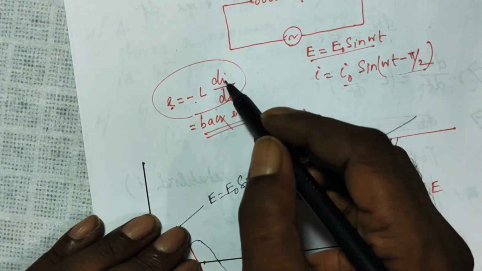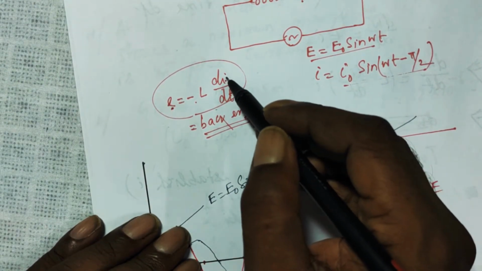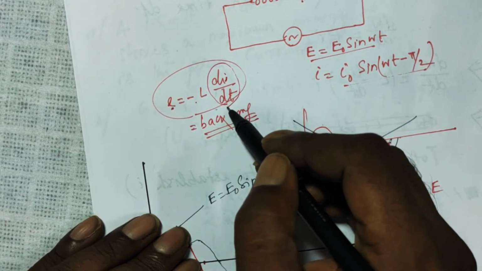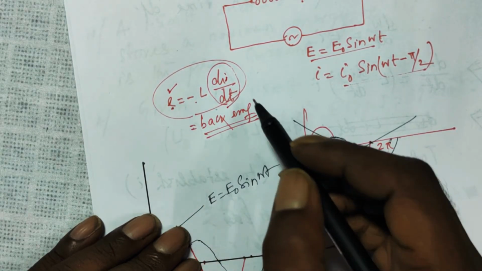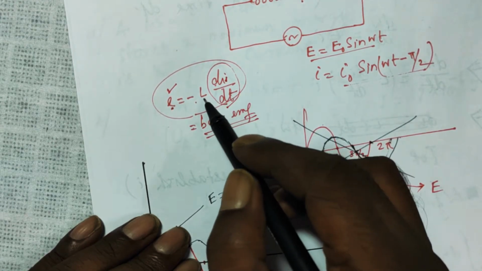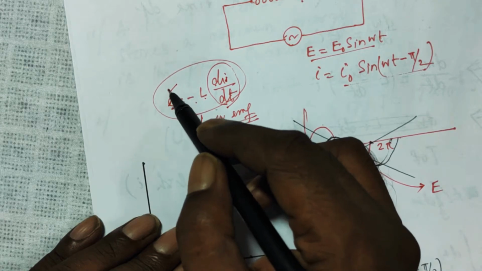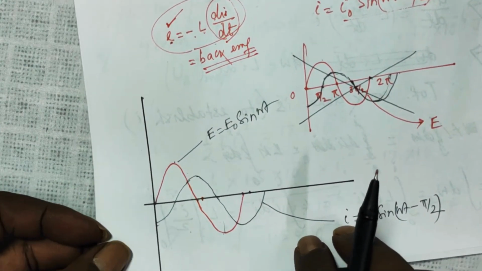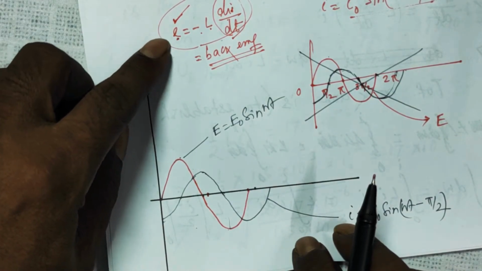There is a derivative term di. If I is changing, then only di by dt has a value, so there is back EMF. If I is constant, the derivative of a constant is 0, times L is 0, so the opposing EMF is 0. So let me tell you where this EMF is 0.